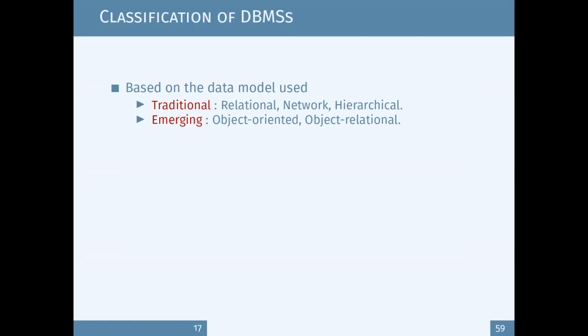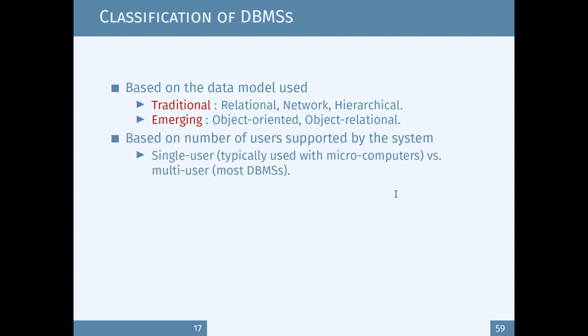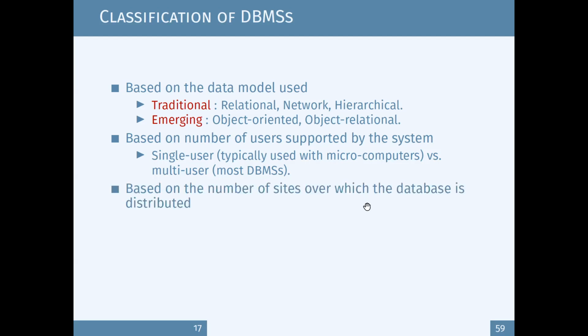Right. Then you can also classify based on the number of users supported by the system. Sometimes the system only supports one user, we call it single user, or there could be a situation where it will support multi-user systems. Third, based on the number of sites over which the database is distributed, which means nowadays data comes from multiple servers.